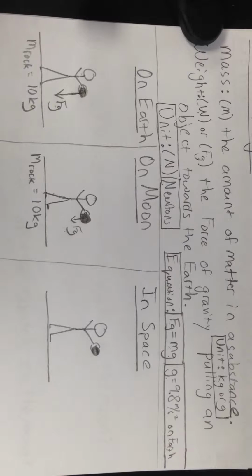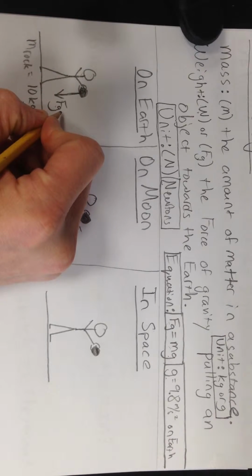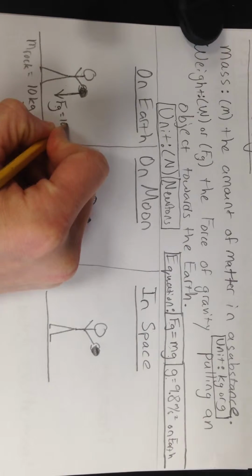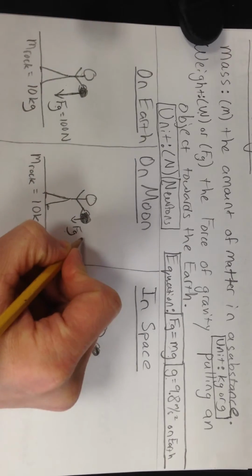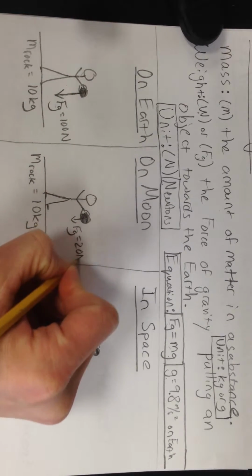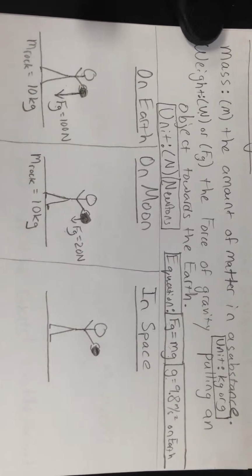It would appear to weigh less, even though it contained the same amount of matter. That is, it had the same mass. So here on Earth, maybe the weight ends up being about 100 newtons. Here on the moon, it ends up weighing less, 20 newtons of weight. Newtons and pounds are basically a unit for weight, because both are a unit of force.